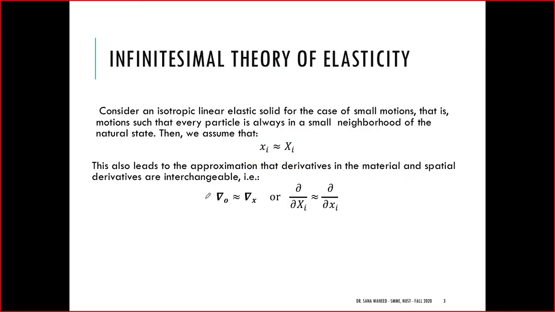We knew कि हमारा जो displacement gradient है वो तो with respect to capital X है, लेकिन जो हमारा velocity gradient है वो तो with respect to small x था. लेकिन इस केस में when we are in our infinitesimal theory of elasticity, when our small xi and our capital Xi are equal, then there is no distinction between these either and they become interchangeable.